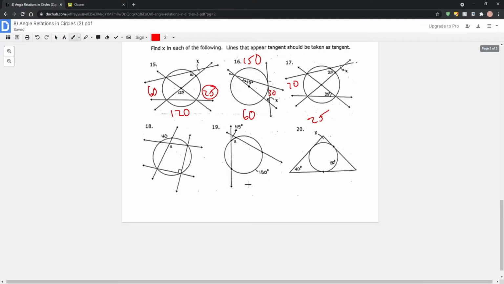Okay, so 18. We're given this is 90, so this whole entire thing is going to be 180. And then this side's going to be 180. It's kind of hard to draw that out, but it's going to be 180.